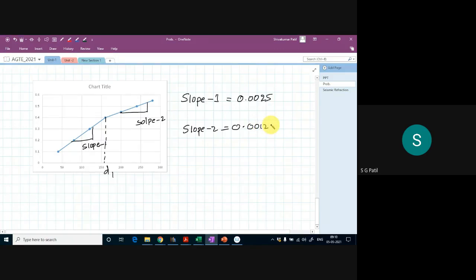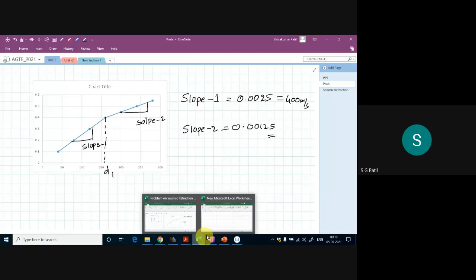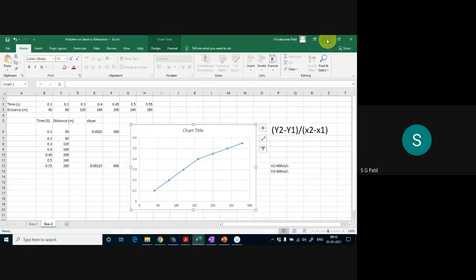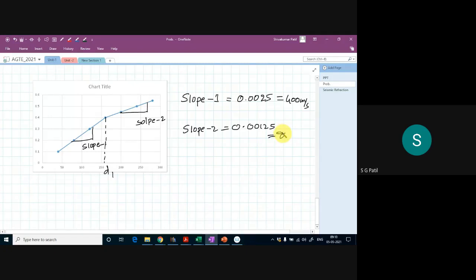If you invert this, I will get 400 meter per second. If I invert this one, how much do I get here? 800 meter per second.